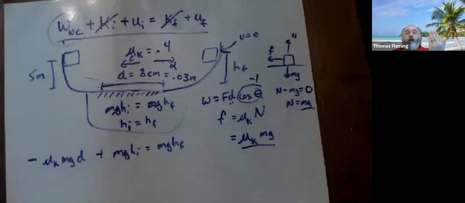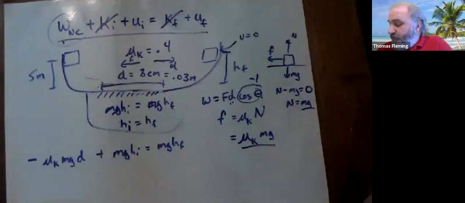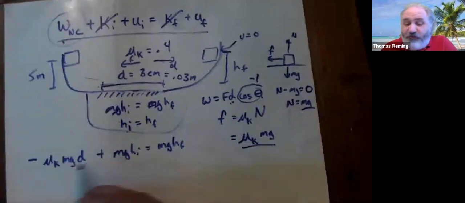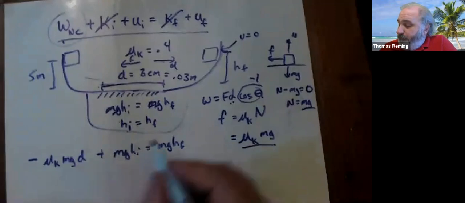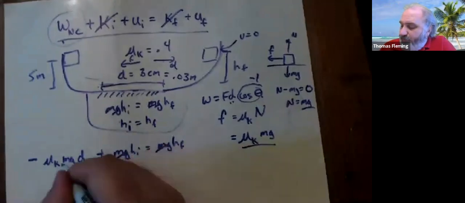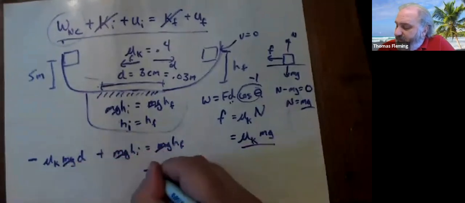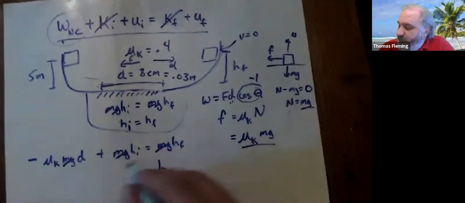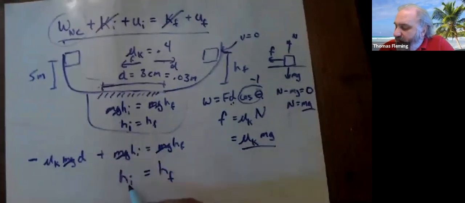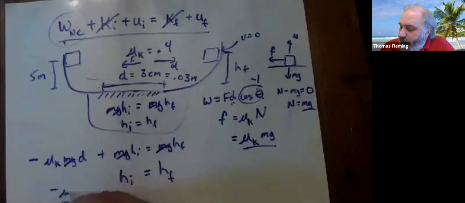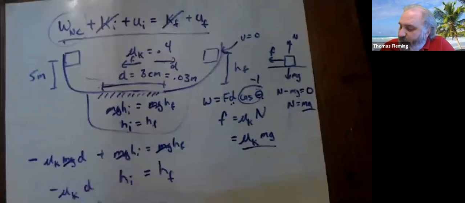And now, look what just happened. Notice all 3 of these terms have m's and g's in them. So all the mg's are going to cancel. And I get that my final height is going to be my starting height minus mu k times d.